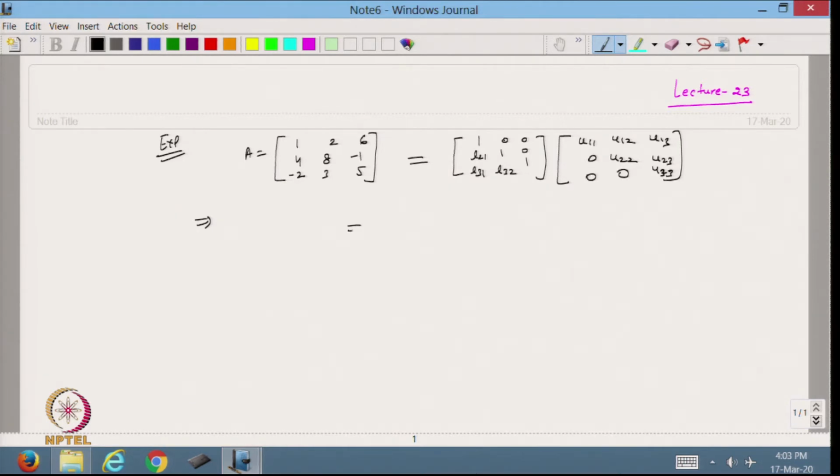Now I know that U 1 1 is 1, U 1 2 is 2 and U 1 3 is 6. So that is from step 1.